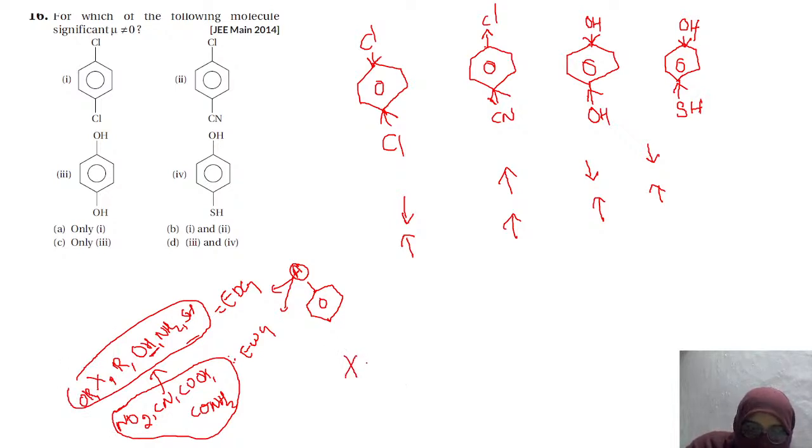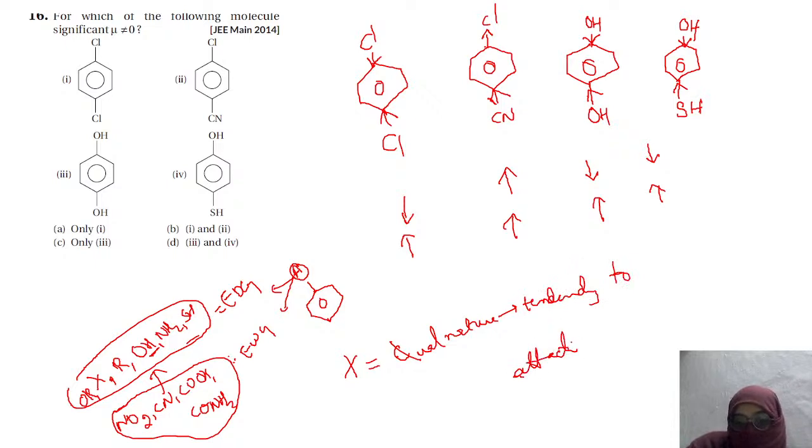Please remember, halogen has a dual nature. That means it has a tendency to attract bond electrons towards itself. So based on this only, I think we can solve, right?